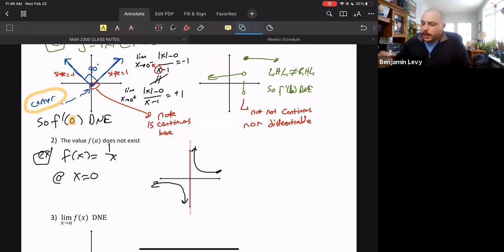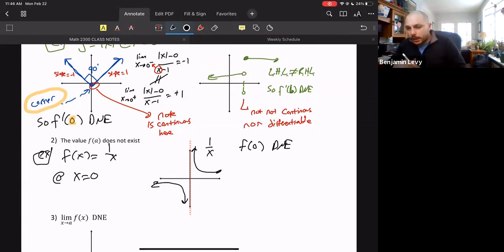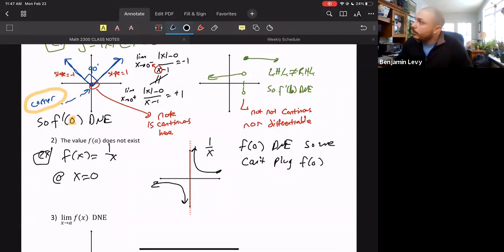We've seen this before. The thing I'm trying to point out, if this is the graph of 1 over x, is that you can't plug in 0 in there. So f of 0 doesn't exist. And if f of 0 doesn't exist, you can't plug f of 0 into the formula. And if we can't plug something into the formula, that means the derivative's not going to exist.